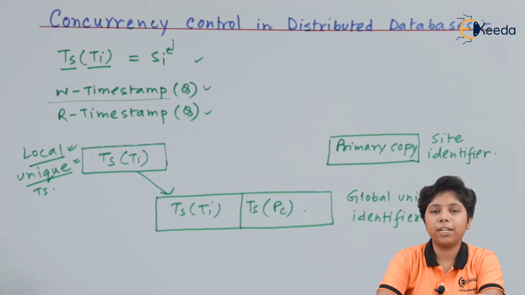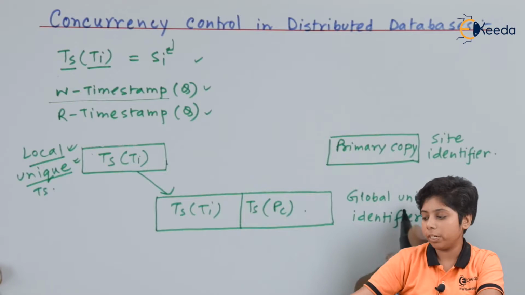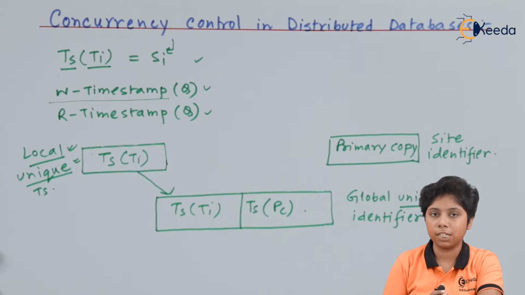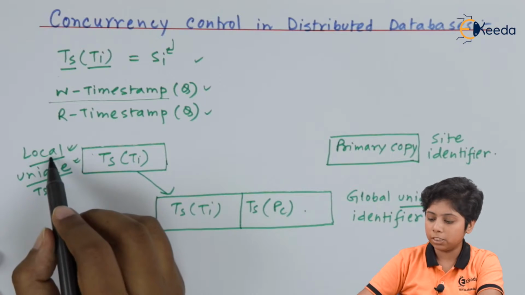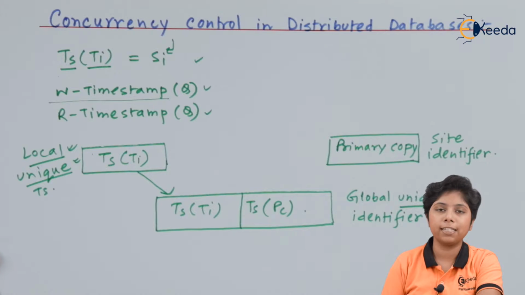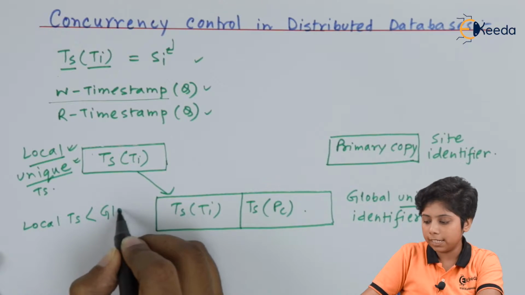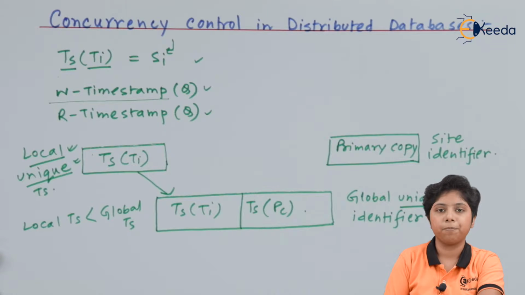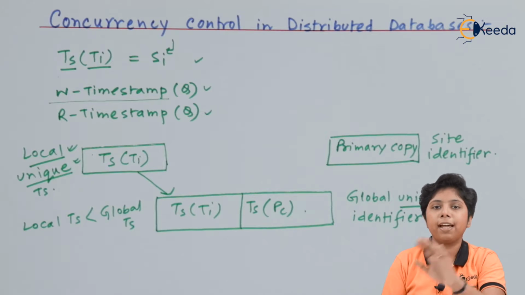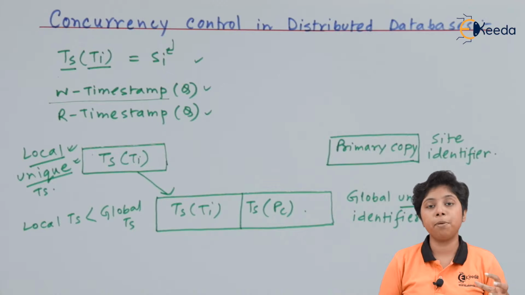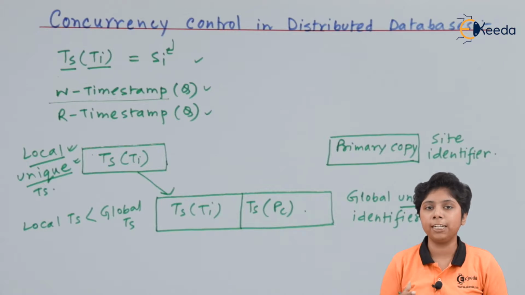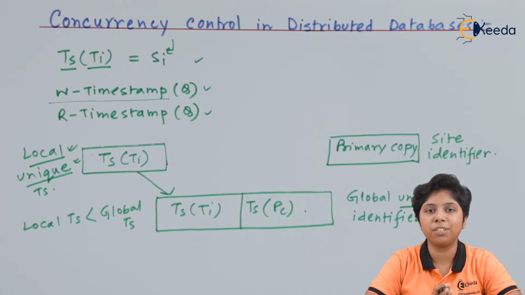The global unique identifier is also a unique value, meaning each transaction will have a unique global identifier. The local unique TS must be less than the global unique identifier. So any local TS must have a value less than this global TS. In this way, the local timestamp can occur before the global identifier has identified that particular timestamp. In this concept, we are introducing the distributed system.